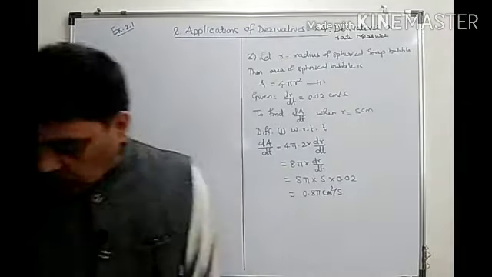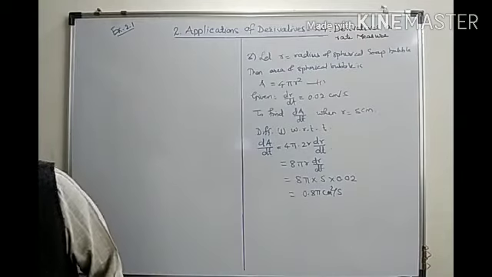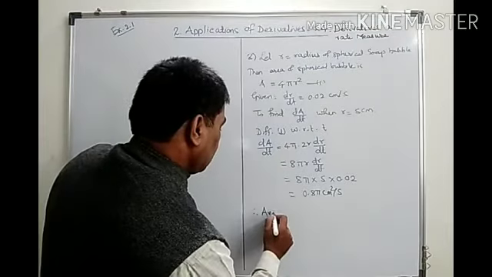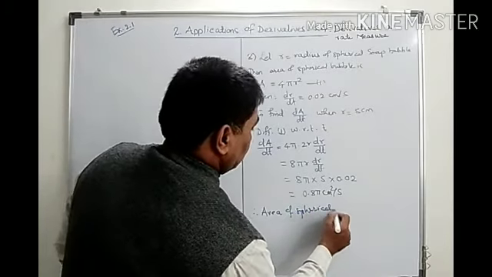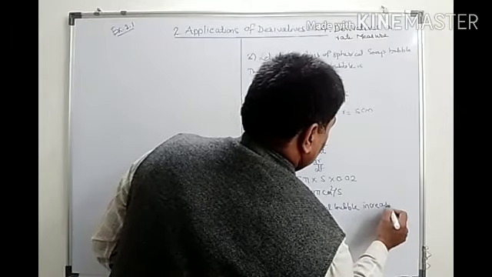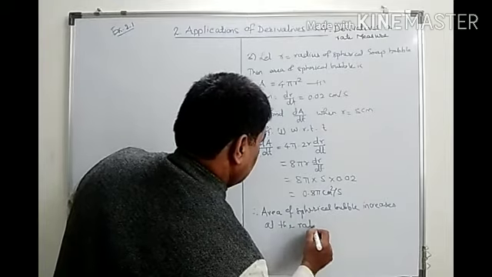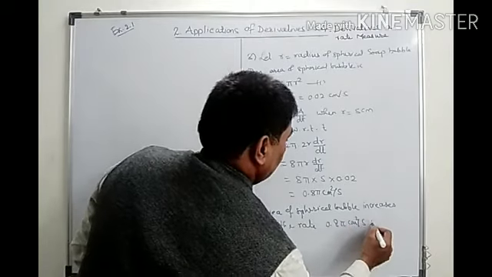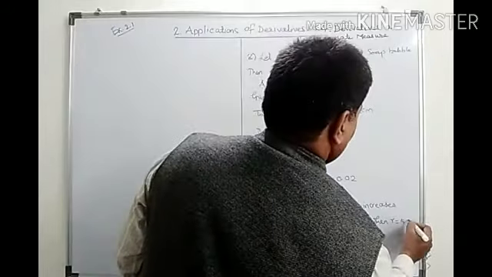Therefore the area of the spherical bubble increases at the rate 0.8 pi centimeter square per second when the radius is 5 centimeter.